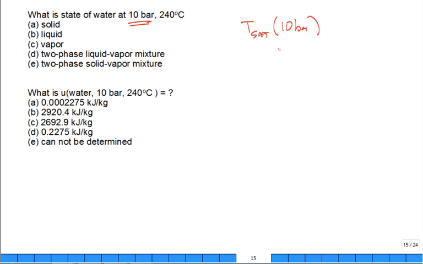There's 10 bar right here. I find that its saturation temperature is 179.9 degrees C, out of table A3. Then I compare the actual temperature given, 240, to the saturation temperature. What would you conclude? I'll ask that as a clicker question.